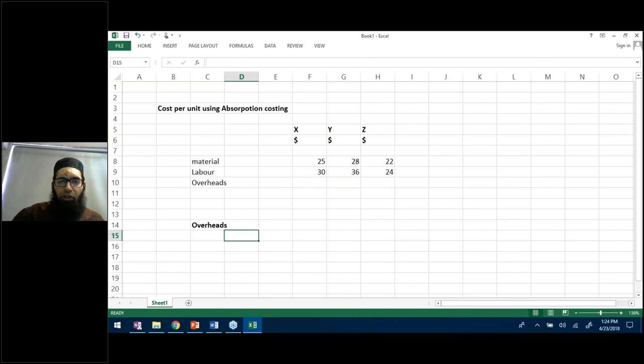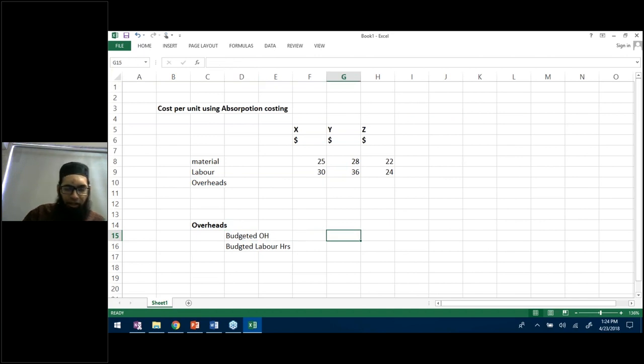And to determine overheads, I have to multiply the overhead with the overhead absorption rate. So I will be working out the budgeted overheads and the budgeted labor hours.